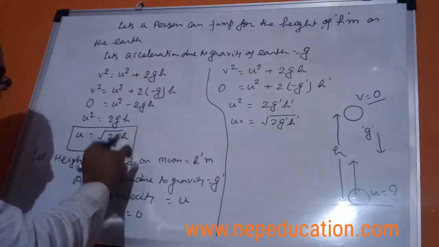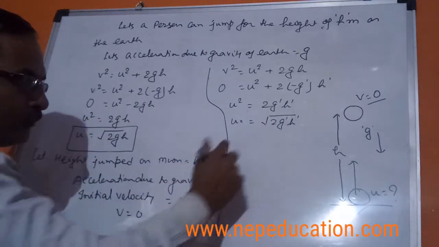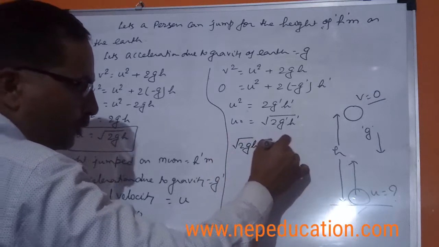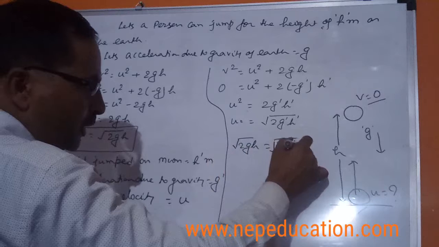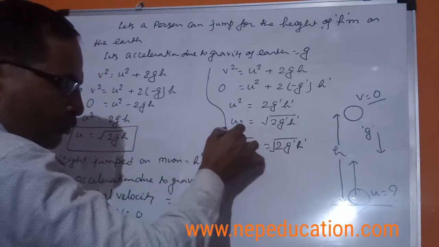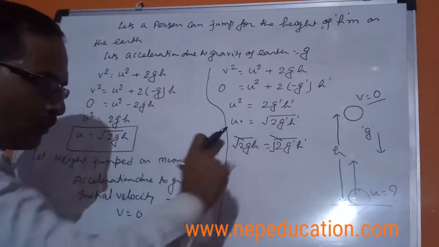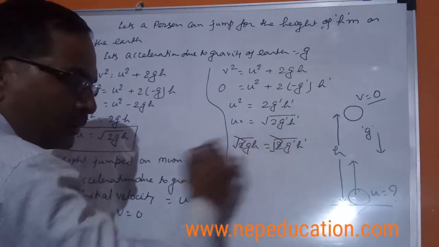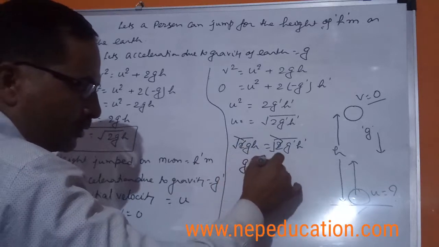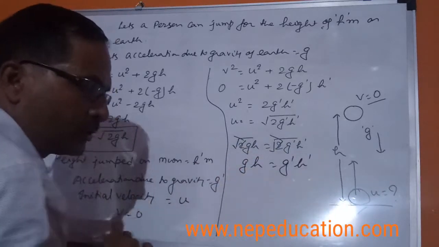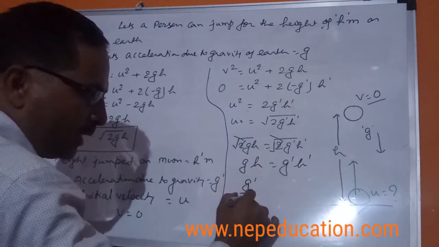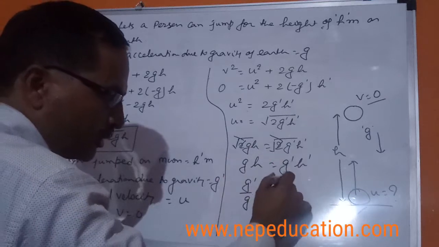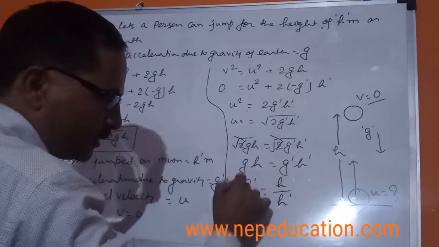Both are equal because the initial velocity remains the same. So square root 2gh equals square root 2g dash h dash. Squaring on both sides removes the square root, and 2 cancels, so gh is equal to g dash h dash, or g dash by g is equal to h by h dash.